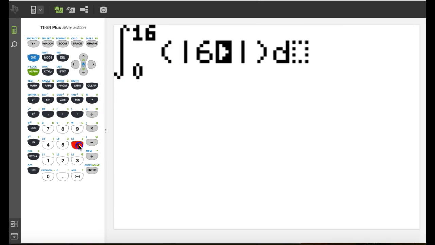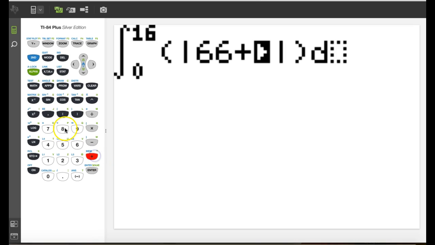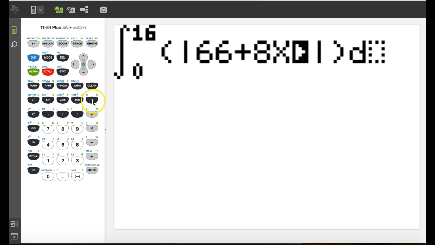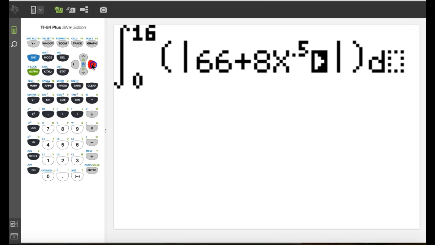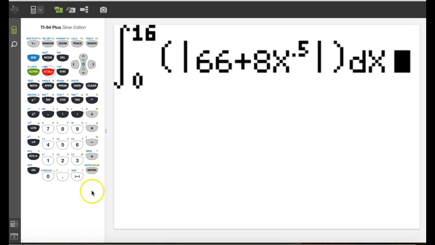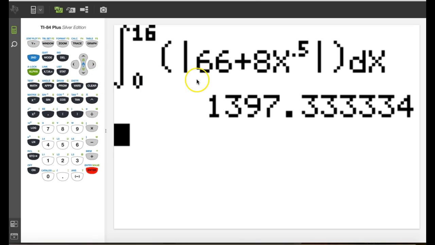So 66 plus 8x to the 1/2 power dx, and we get 1,397.333.